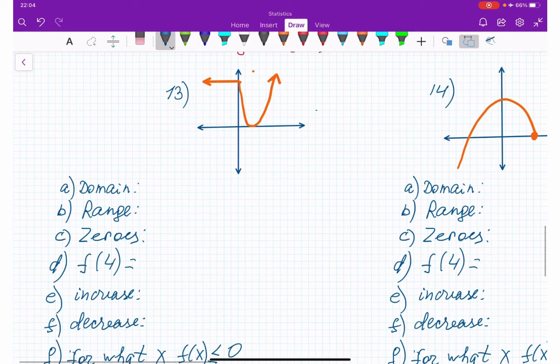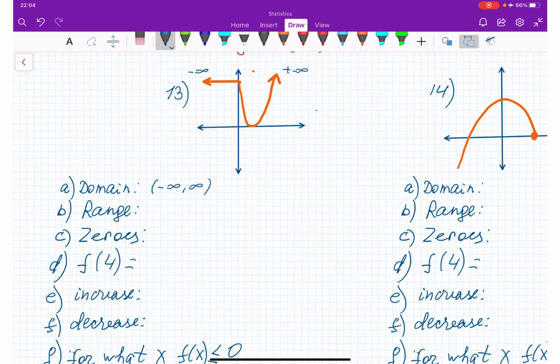We don't have interruption, right? And both ends have arrows, which means x is running, which is domain, from negative infinity to positive infinity. So domain is identified by x. Here it is running to negative infinity, and this one is running to positive infinity.